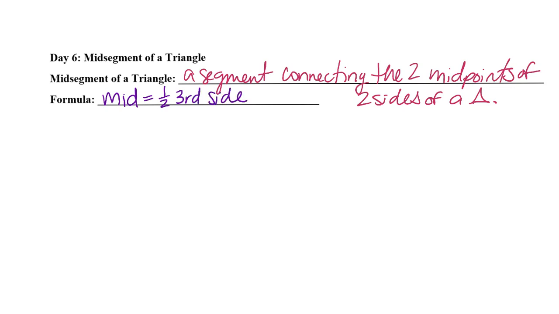that we're really going to use most is 2 times the midsegment equals the third side. It'll make a little more sense once I show you how it works on a problem.